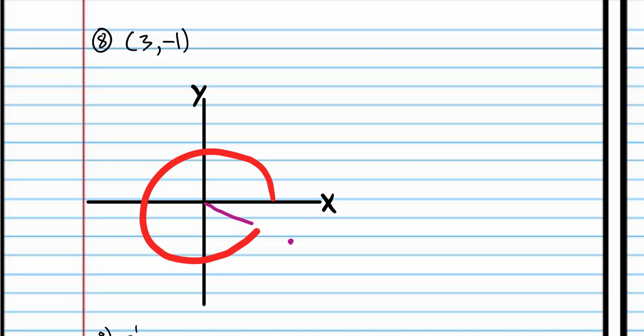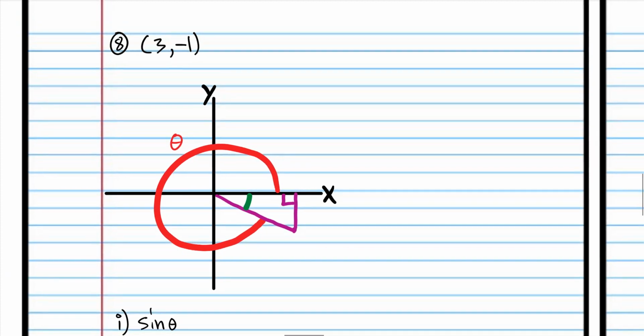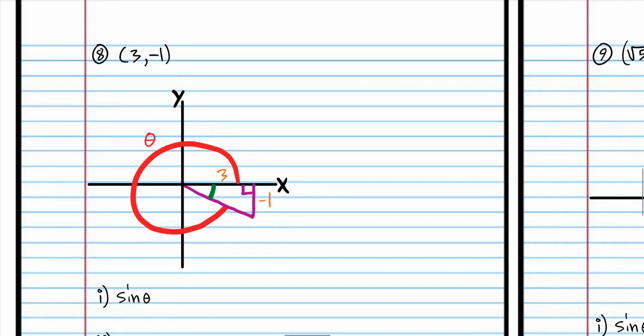And we can just consider that to be the vertex of the triangle. My triangle's a little small there, but it'll still work. So we're making the green angle the reference angle. And what this means is that this side is 3 and this side is -1, and we have to find the missing side length.